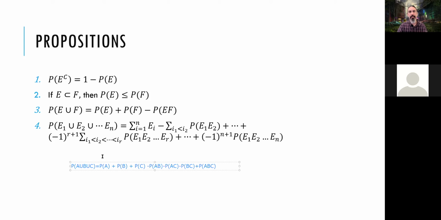If we take this into the next step, if we had 4 elements, then we would have to write A plus B plus C plus D, minus AB, AC, AD, minus, again, BC, BD, and minus CD, plus ABC, BCD, ACD, and anything else? ABD, yeah, stuff like that.